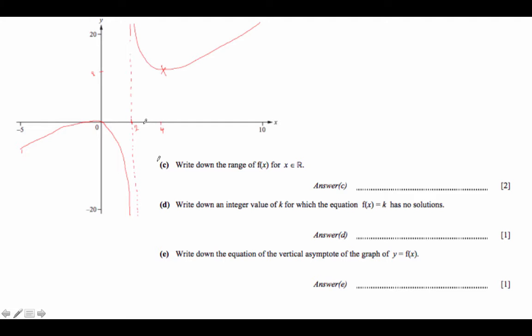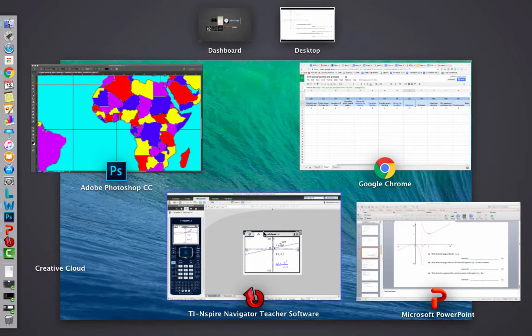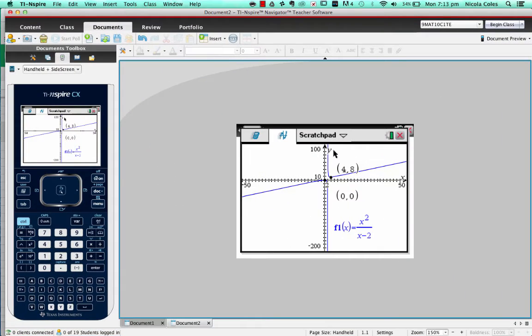In part C, I'm asked to write down the range of f of x for all real values of the domain. So for all x values, what are the possible y values that come out? If I change the zoom on my graph, I can see that the y values just keep getting bigger and bigger as the x values increase. And as the x values decrease, the y values also decrease.